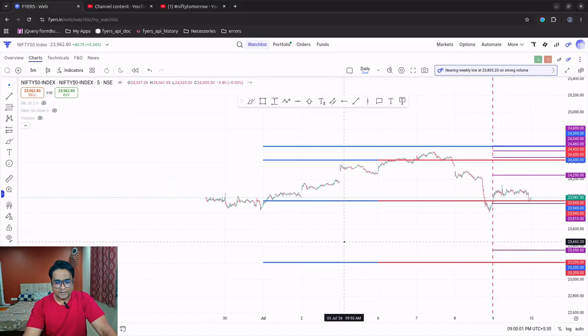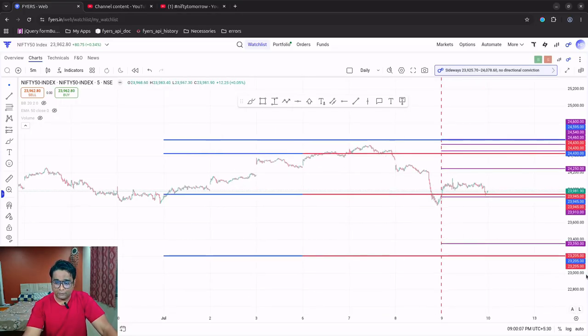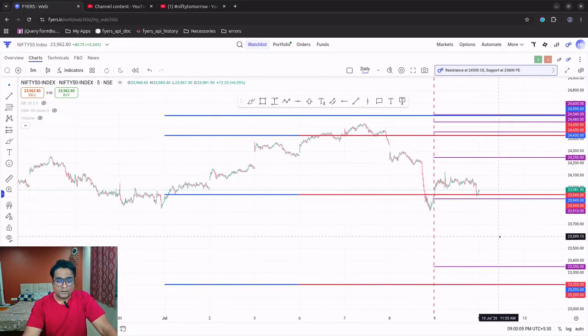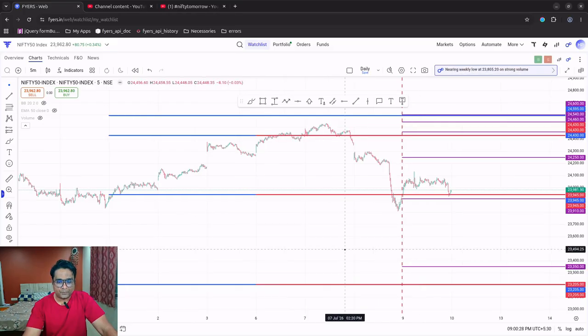As you can see, I'm using the combined view of monthly, weekly, and daily key levels. These blue key levels are the monthly key levels. If you go to my monthly key level series, you would find these key levels for the month of July.